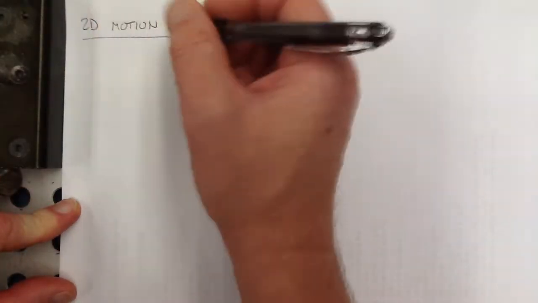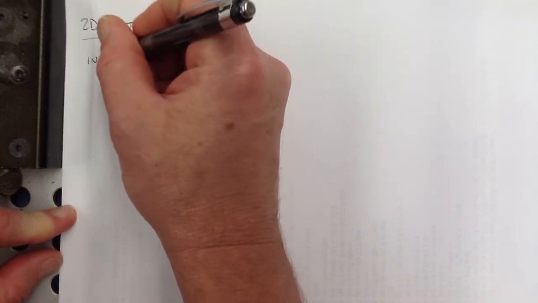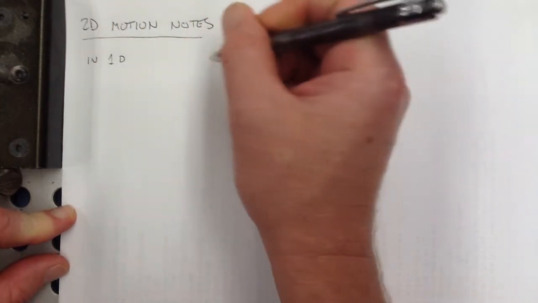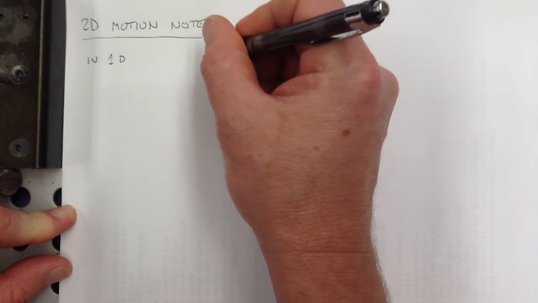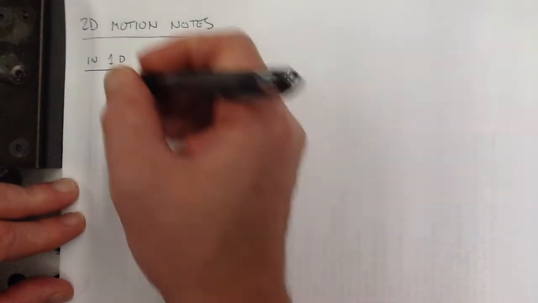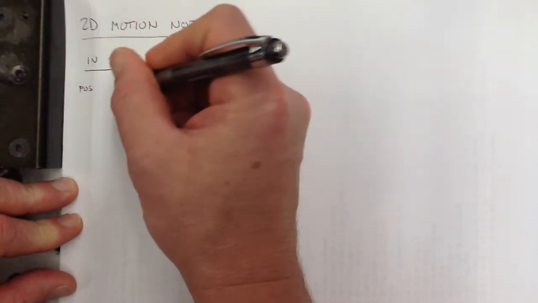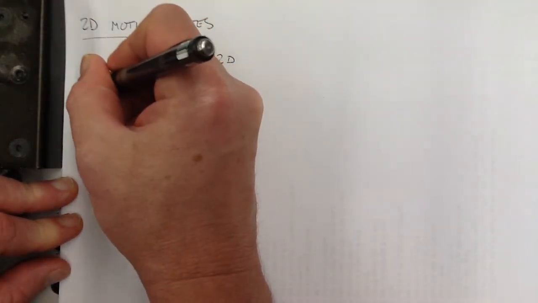So in 1 dimension, depending on what the direction was, often it was back and forth like this, so we thought of that as like an x-axis. So we had position that was just given by a number, x.